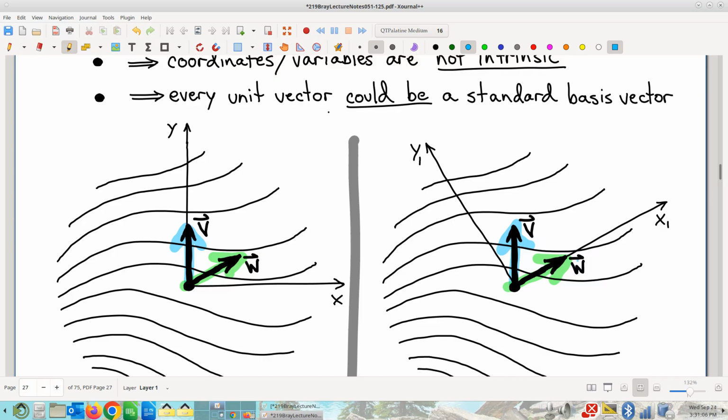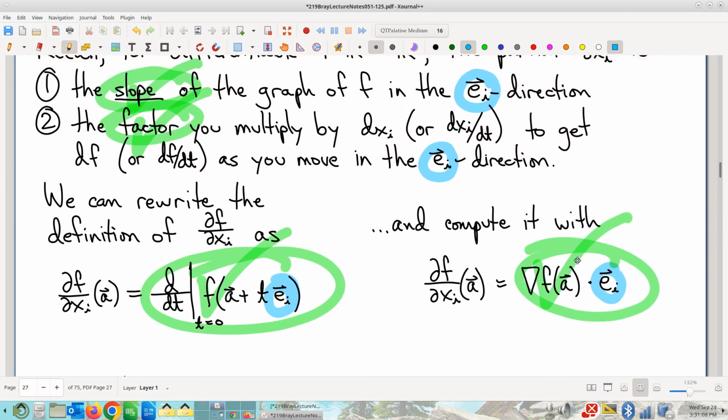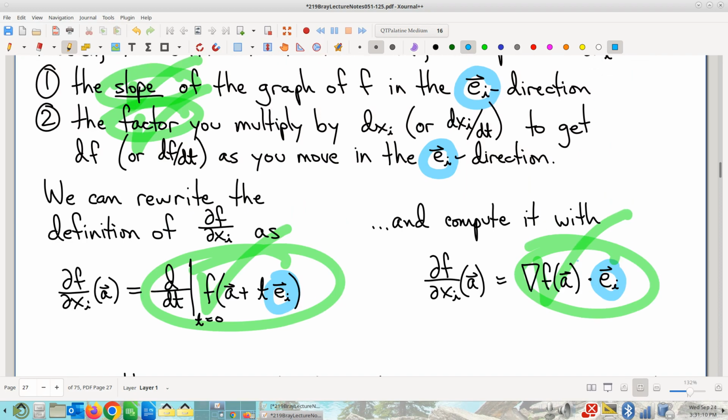So that's the idea. The big idea here is that forget about coordinates. These four things that I have in green, as long as you pick any unit vector, they're all going to be equal to each other. And sure, I can't call them partial derivatives because that's coordinate dependent. But these four, why do I keep saying three?